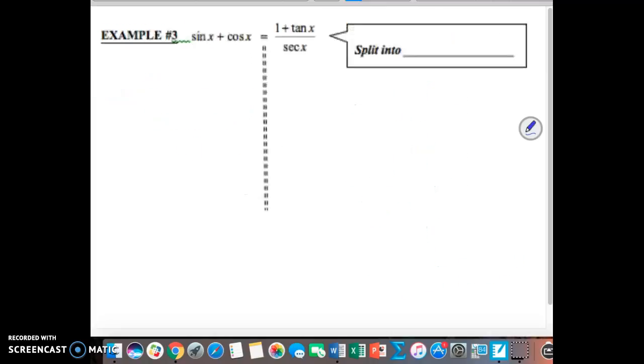Example 3 is sine of x plus cosine of x equals 1 plus tangent of x divided by secant of x. What we're going to do first is split this into 1 over secant of x plus tangent of x divided by secant of x. So we're splitting up our fraction.